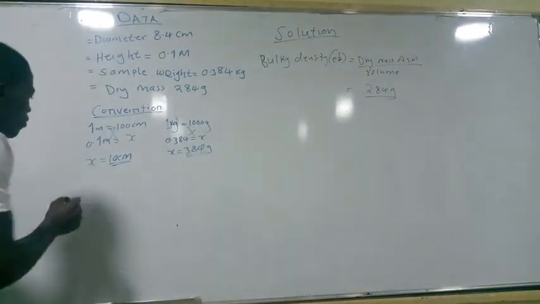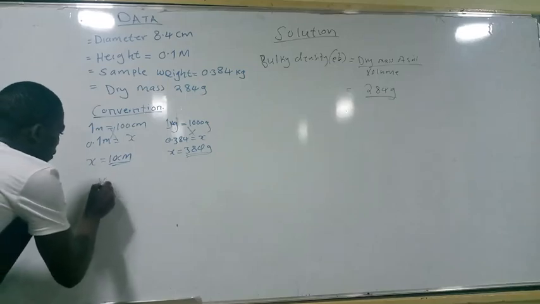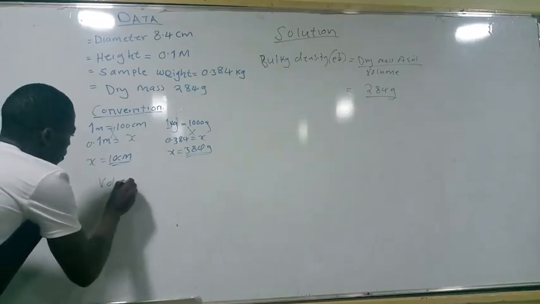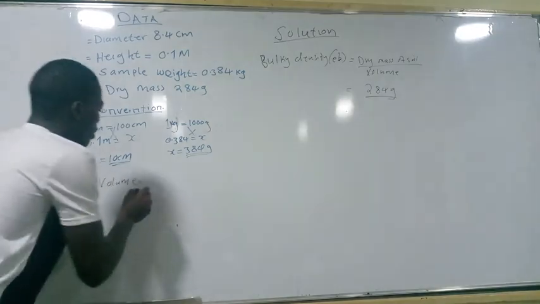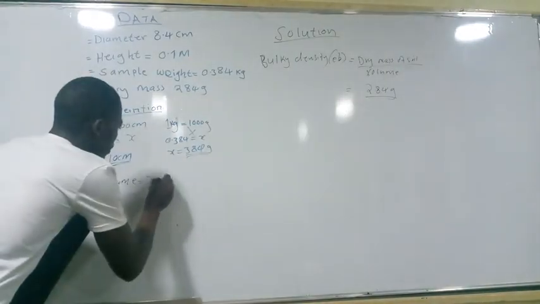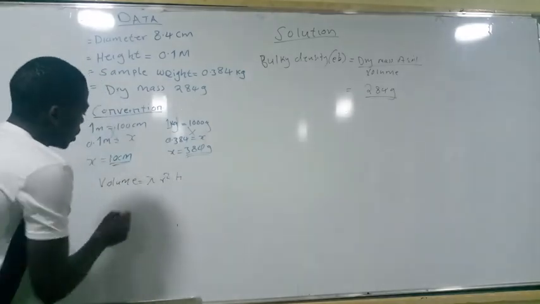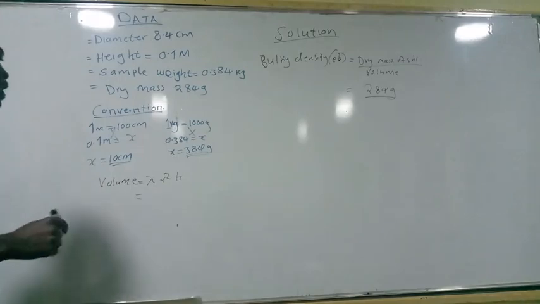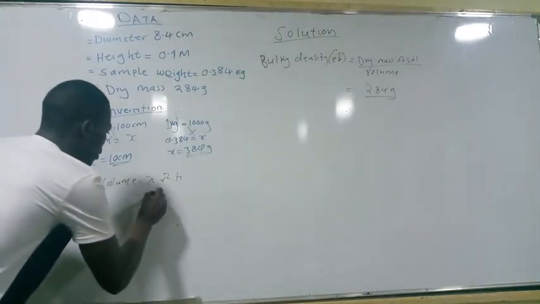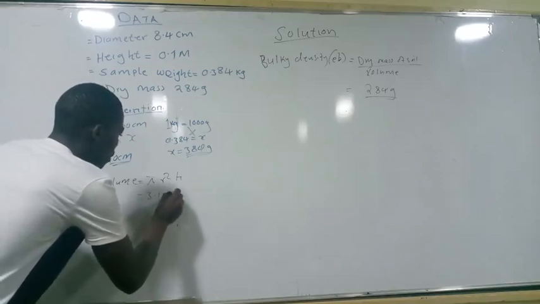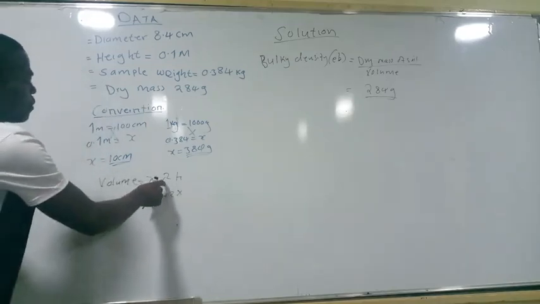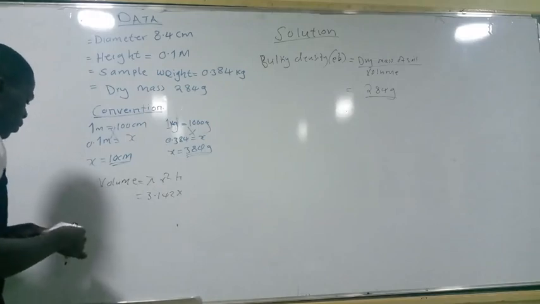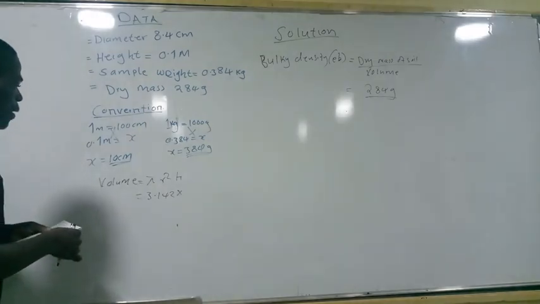So the formula for volume is, you say volume equal to pi r squared height. Now remember, always in this course, the pi is taken as 3.142 multiplied by the radius. So what's our radius?